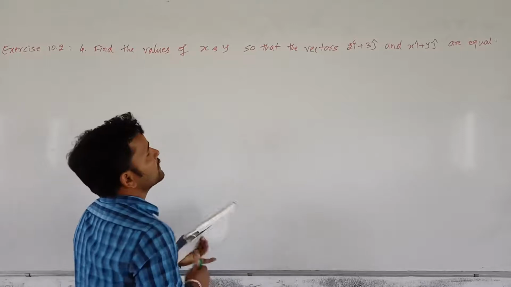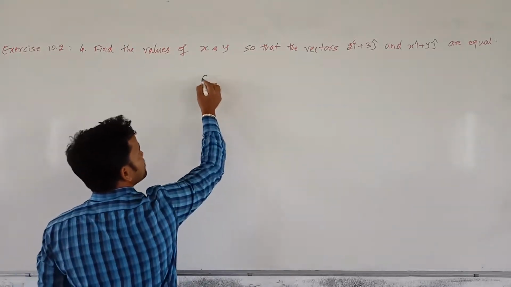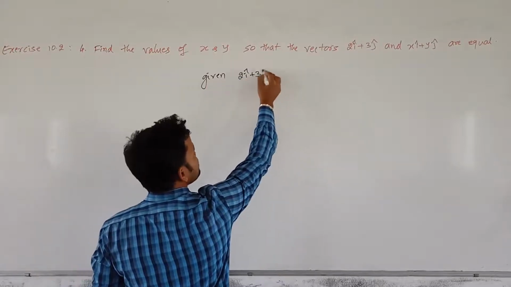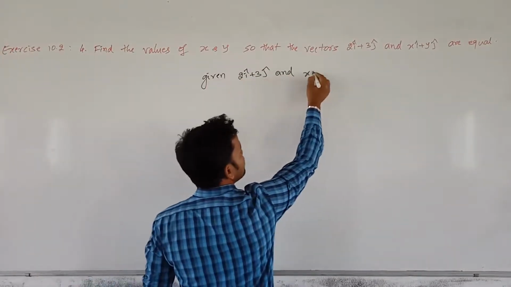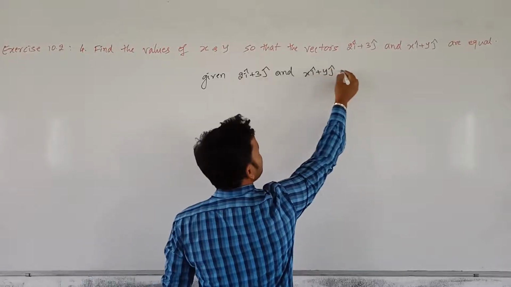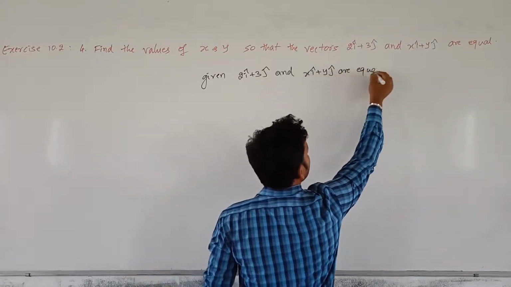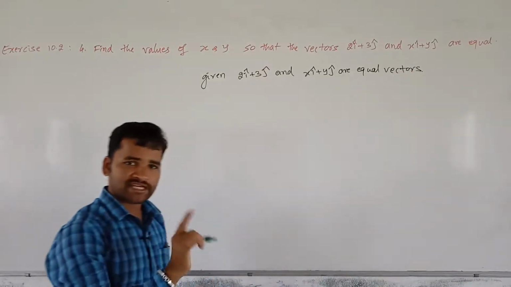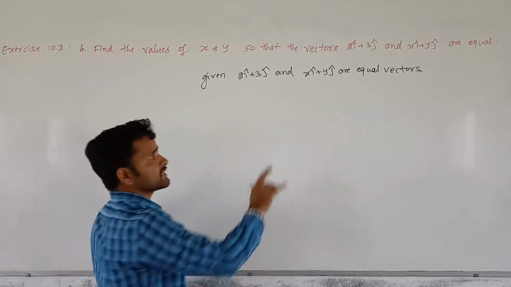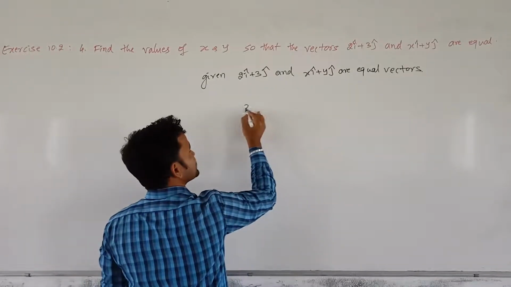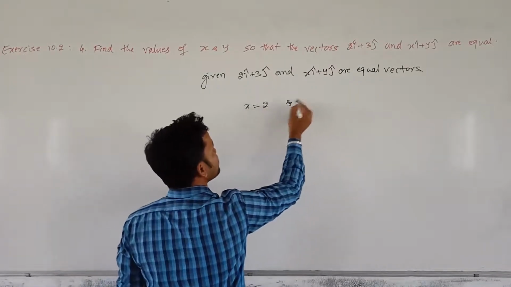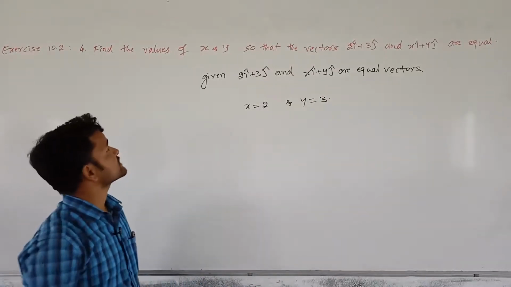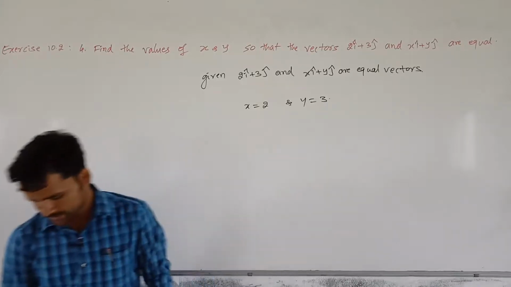Here 2i plus 3j and xi plus yj are equal vectors. When their corresponding components are equal, x should be equal to 2 and y should be equal to 3. This is the answer. Question number 4 is over.